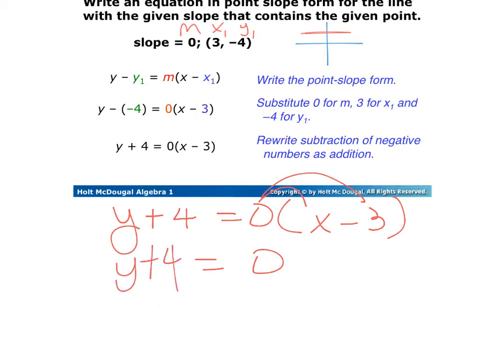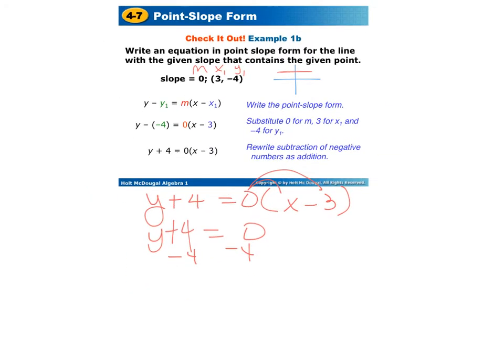How can I get that in slope-intercept form? What do I have to do? How can I get y by itself? Good. Subtract the 4. And now I get y equals -4. Remember, when it's y equals a number like this, it's going to be a horizontal graph.